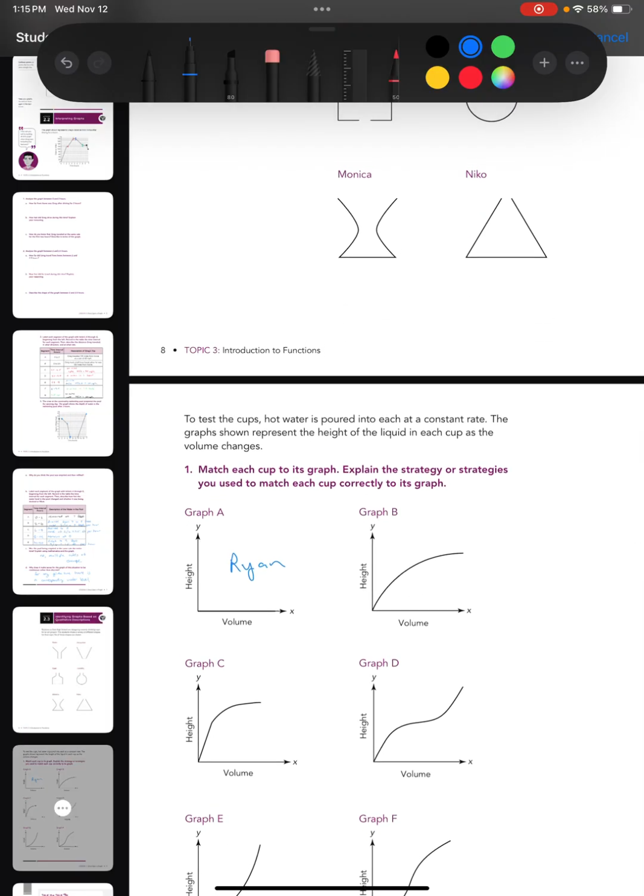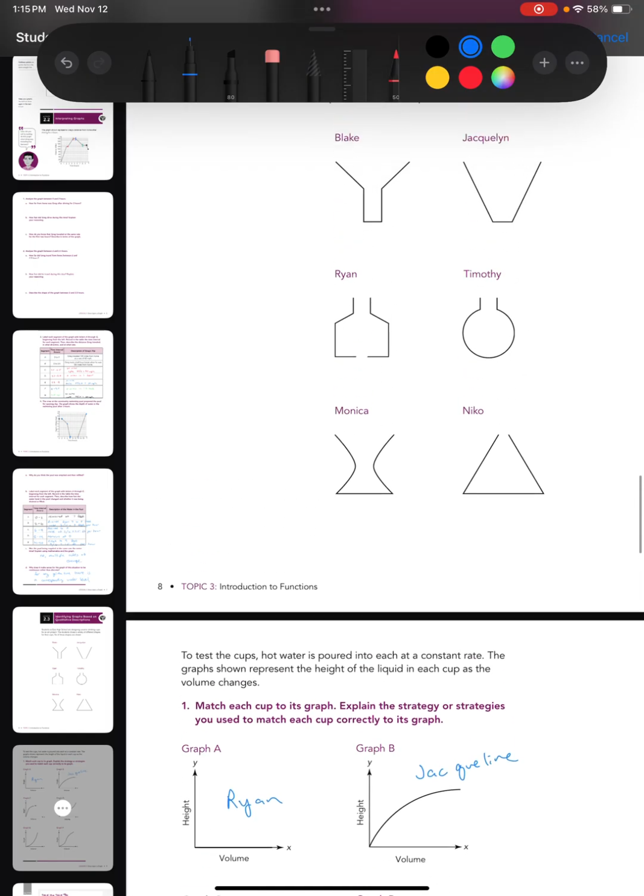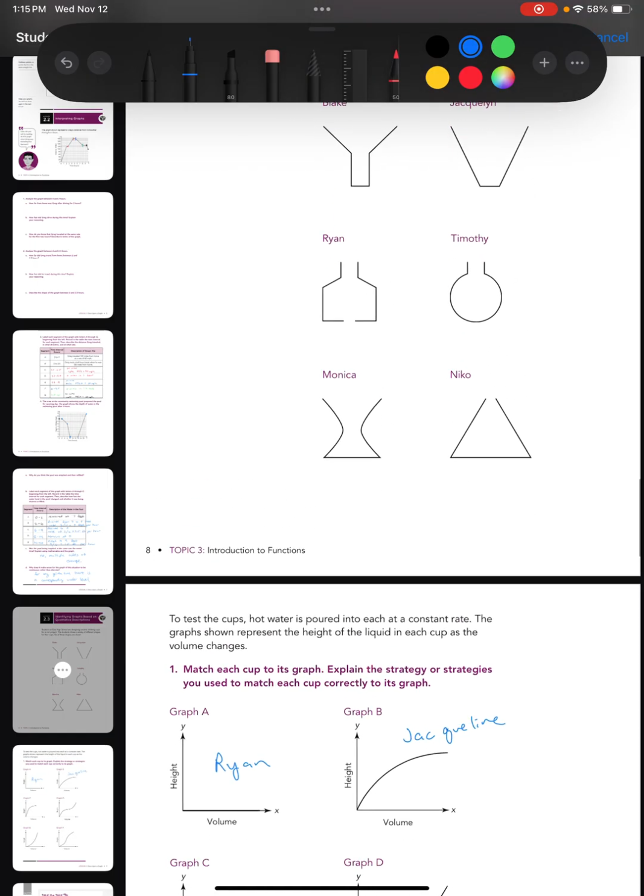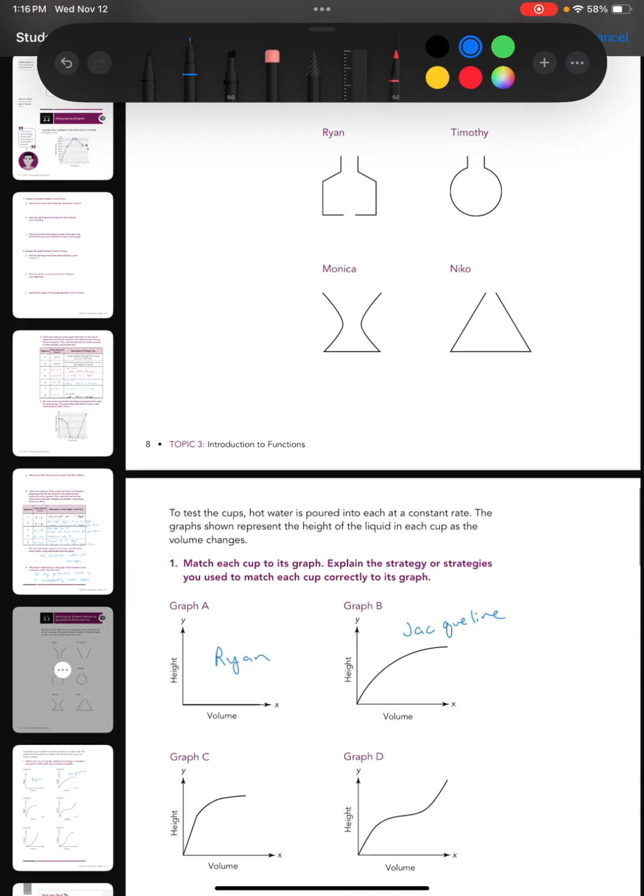Graph B is going to match up most with Jacqueline. At the beginning, it's going to be filling. The height is going to go up quick, so we can see that rate's going up. And then the wider it gets, the height is going to slow down because the width of that is getting bigger and bigger. So the height that it's increasing is going to slow. So you see that curve and it's slowing.